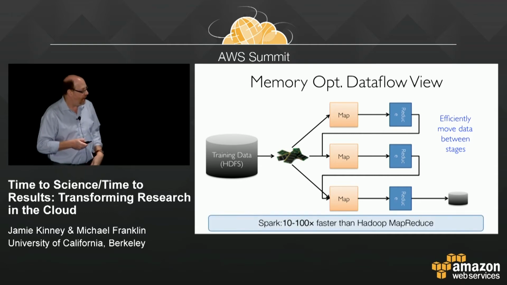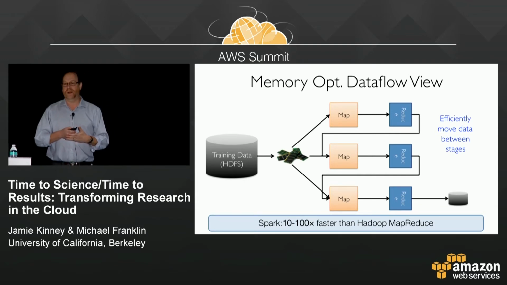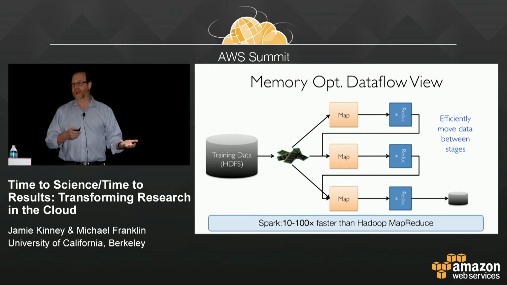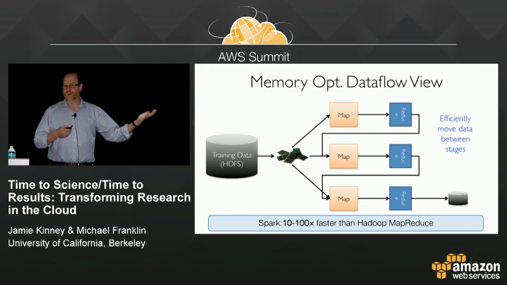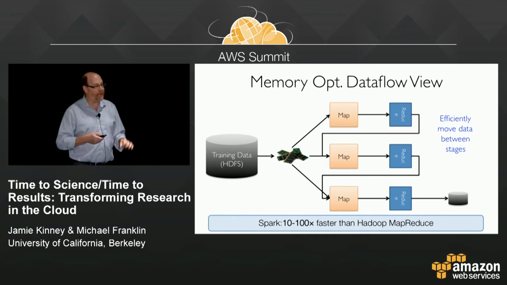And when you do this, all of a sudden you get these 10x, 100x speedups for those iterative applications compared to the Hadoop MapReduce type of a platform. And that was the thing that got people excited about Spark when we first released it.